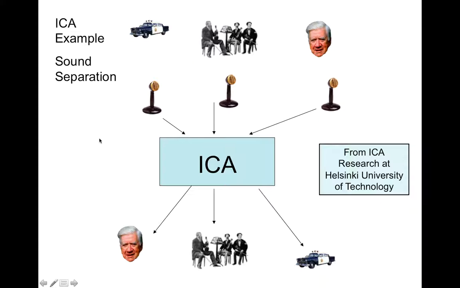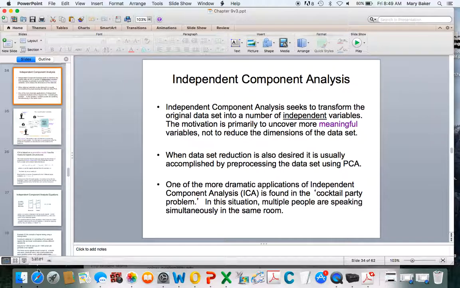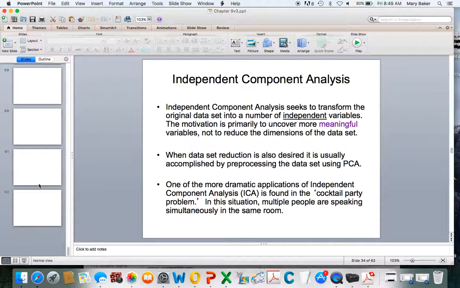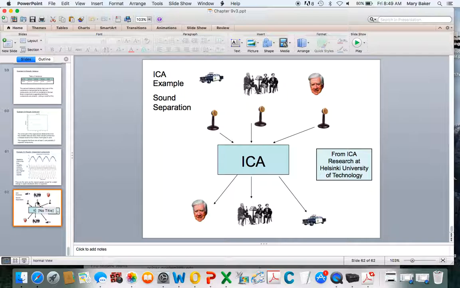As previously mentioned, one good example of independent component analysis is this separation of different sounds that have been mixed by different sources. If you look at this particular little graphic, basically you've got a speaker, some background music, and perhaps a siren in the background.